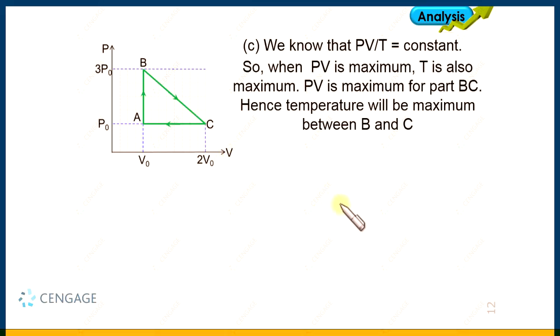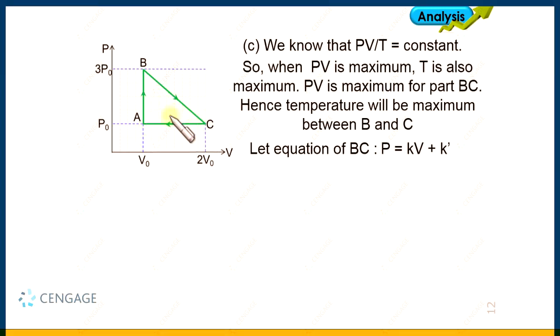So, we can write the equation of BC as P equal to slope of this line multiplied by V plus intercept. So, let us write this equation like this. This k is the slope and k dash is the intercept. We have the coordinates of points A, B and C.